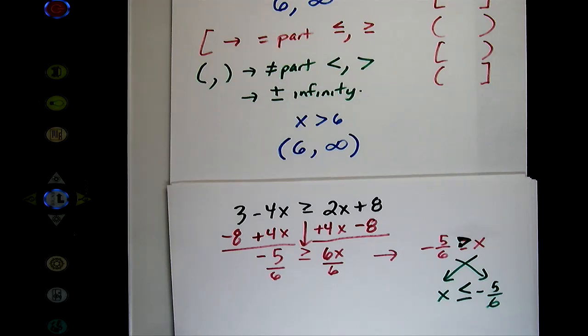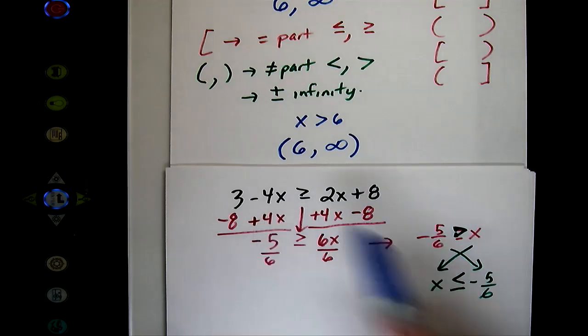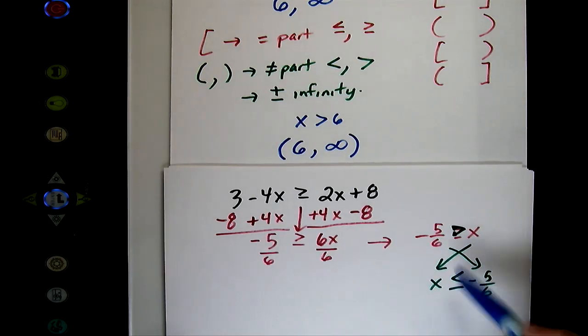So, how can I write this in interval notation? If you had done it the way Josue said, by doing the -4x over here, you would have gotten straight into this without having to flip the sides like that. So both methods will get you the same answer.